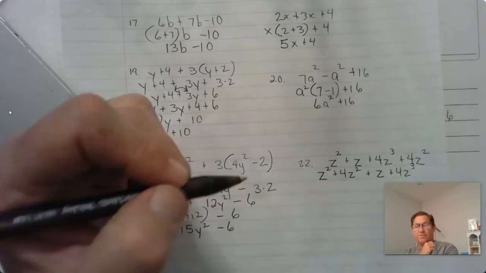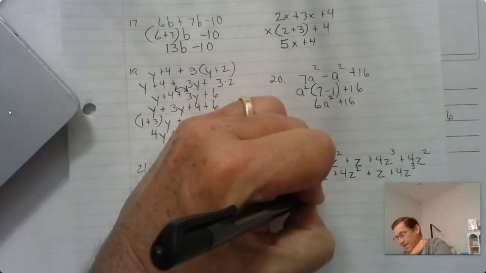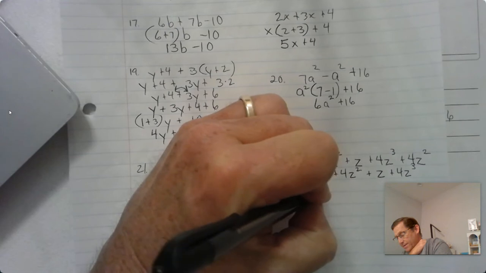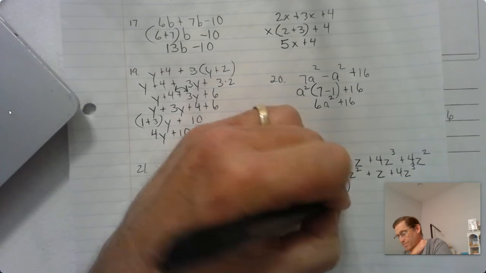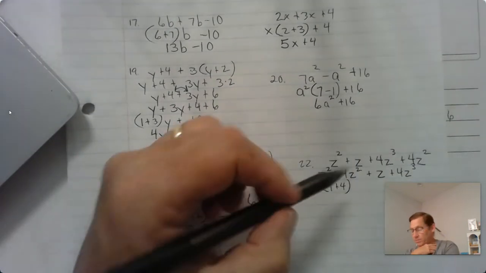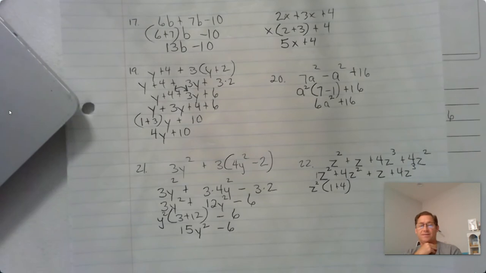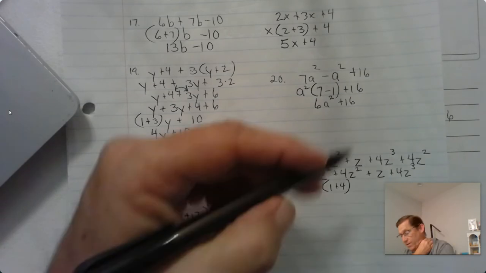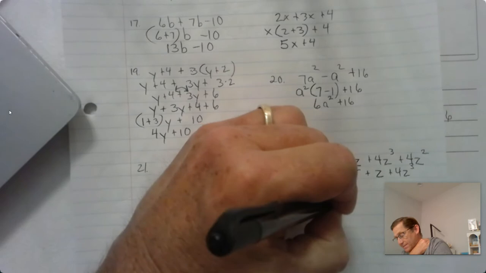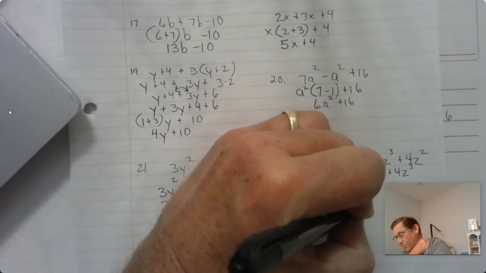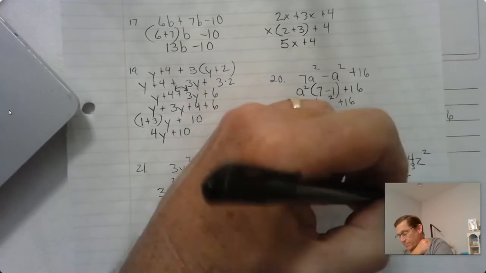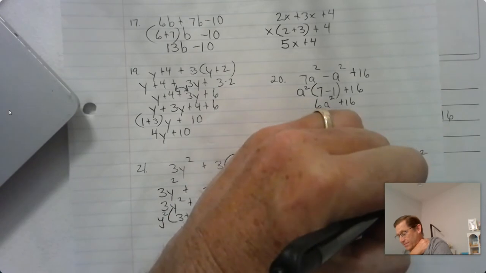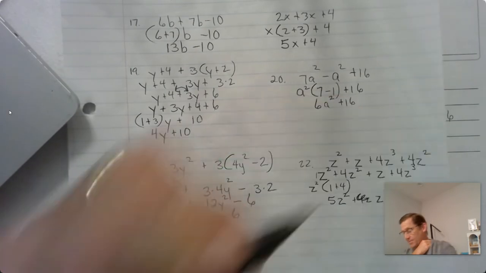So z squared plus 4z squared is the same as z squared times 1 plus 4. Okay, remember there's a 1 in front of the z squared. Because what is 1 times z squared? Well, 1 times any number is that number, right? So we have 5z squared plus z plus 4z to the third.